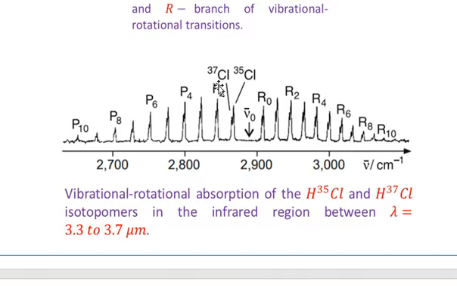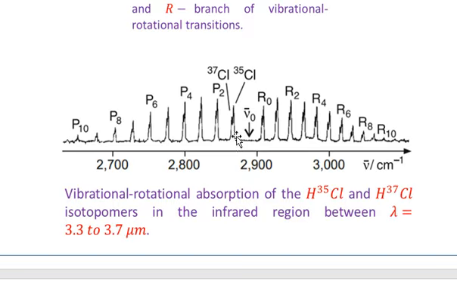I have a mixture of hydrogen chloride in the vaporous form, and then I have recorded this as the emission or the absorption spectrum. And you can see that there is an R branch on the right hand side and a P branch on the left hand side. But if you consider very closely, each peak contains two peaks, one corresponding to Cl-35, the other corresponding to Cl-37.